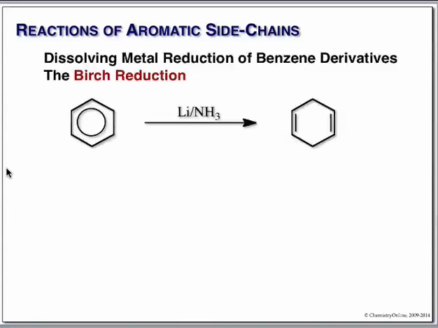With lithium and liquid ammonia, we form hydrogen radicals. It's a radical reaction. The neat thing about it is that we wind up with the non-conjugated diene. So we go from benzene to the 1,4 diene as opposed to the 1,2.